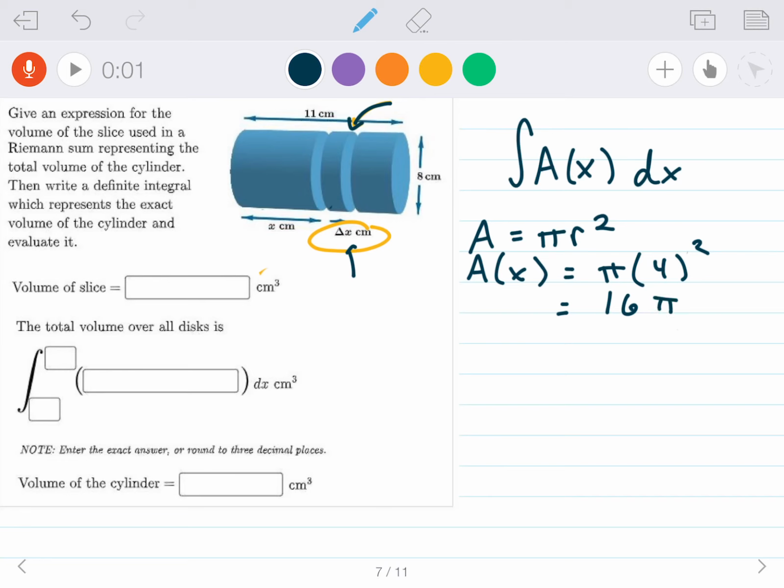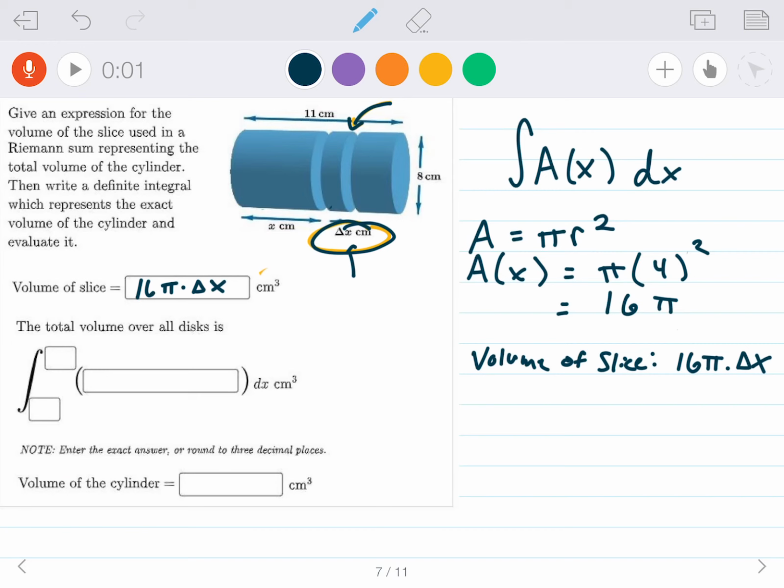So the volume of the slice is the surface area, which is 16 pi, times the thickness, which we're calling delta x. So that is this part right here. Volume is surface area times thickness.